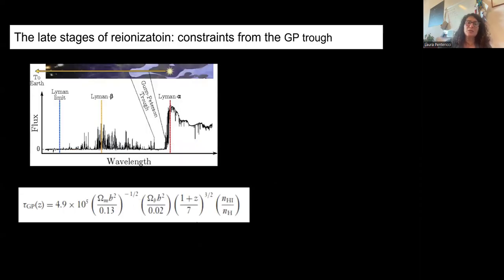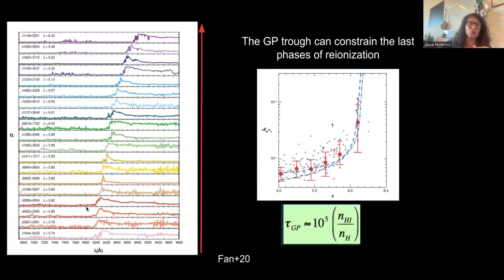Now we are going to the very late stages of reionization. So when reionization is almost complete, you have basically other types of probes that are related to quasar study. I think Pratika talked already about the Gunn-Peterson trough, which basically allows you to determine the neutral hydrogen content. And I think she already showed also this compendium of very high redshift quasars, and basically with the Gunn-Peterson trough, you can constrain the latest phases of reionization.